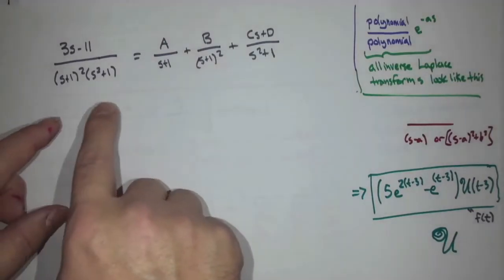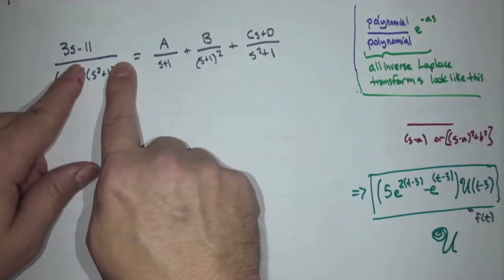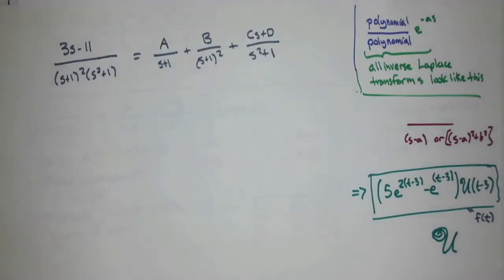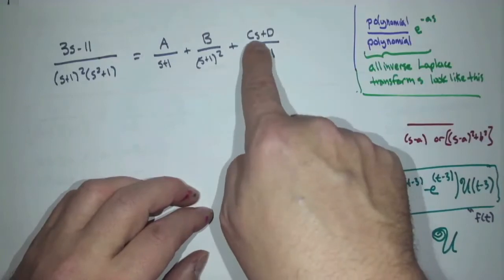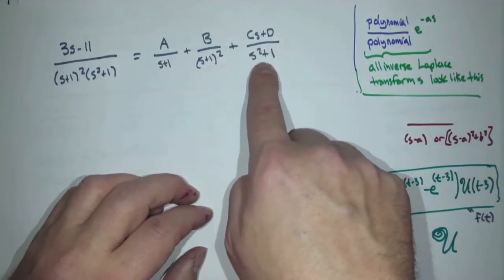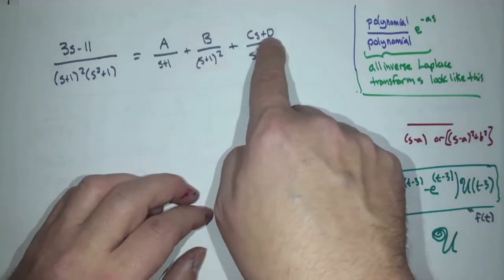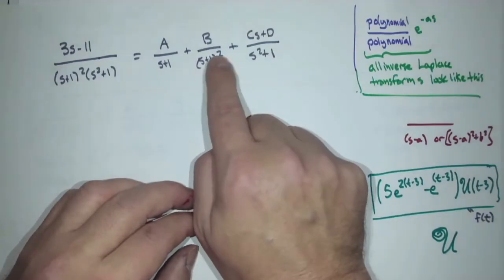Now let's talk about the s squared plus 1. You can't factor it further without getting complex numbers, so we call that irreducible. It's an irreducible quadratic. If you can't go any further and you have a quadratic down here, that's why you have to have a term with an s on it upstairs. So if you can't factor the denominator further, you have to have that Cs plus D. And I say, well, wait a second, here you have an s squared.